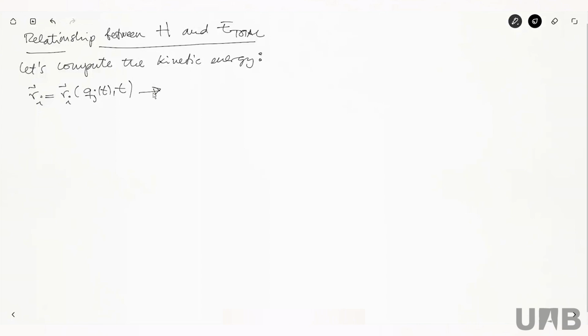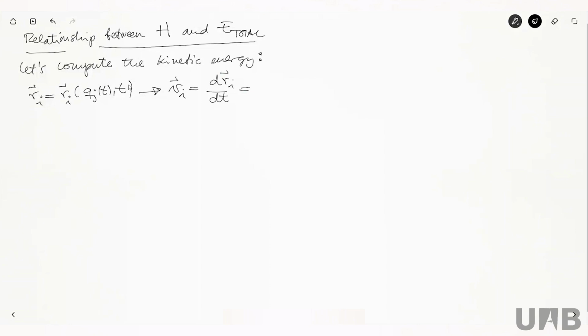So if we want to compute the kinetic energy, we have to take the derivative of this, which is the velocity. We have to square it, multiply by 1/2 times the mass, and sum. And that's going to be the kinetic energy. And what comes out, comes out. Okay, so let's see what comes out. So the velocity is the derivative of each of these r's with respect to time.